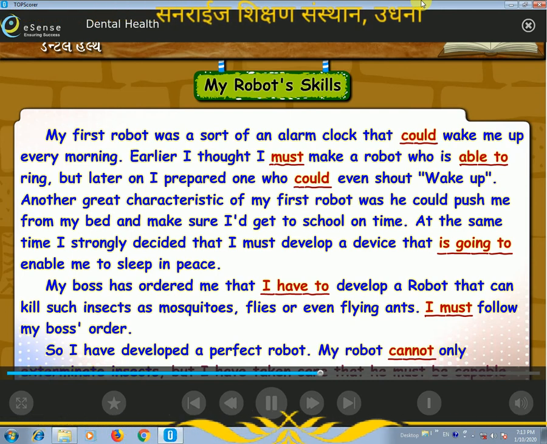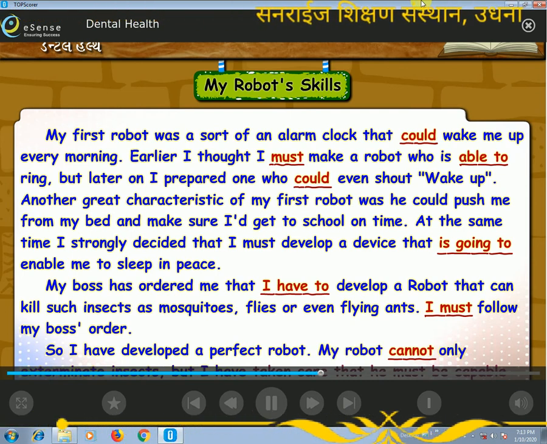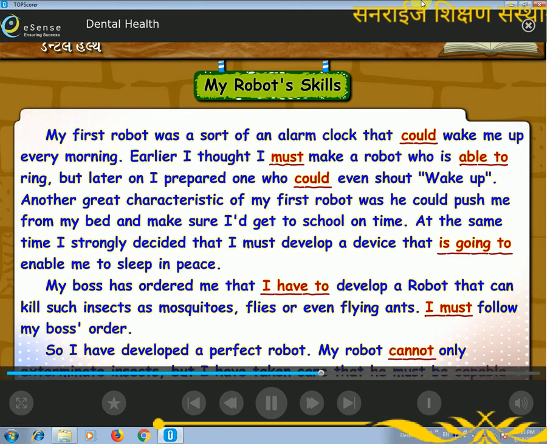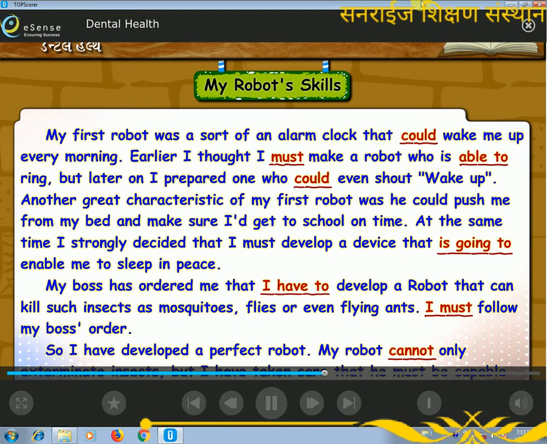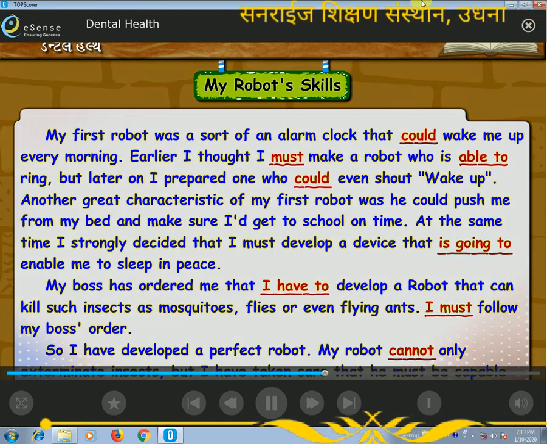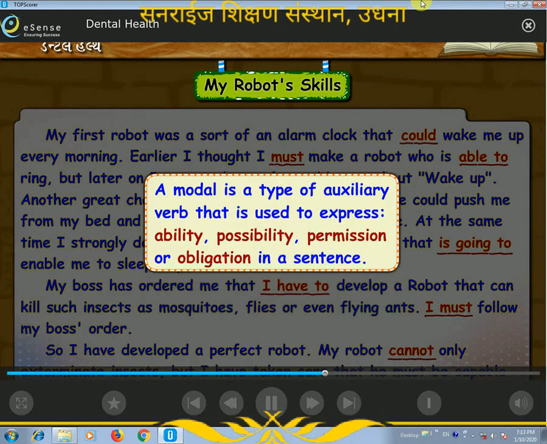Have you noticed the words could, must, able to, going to, have to, cannot? Yes, these words are called modals. A modal is a type of auxiliary verb that is used to express ability, possibility, permission, or obligation in a sentence.